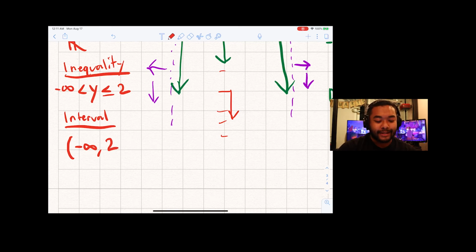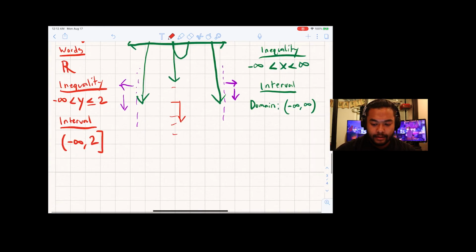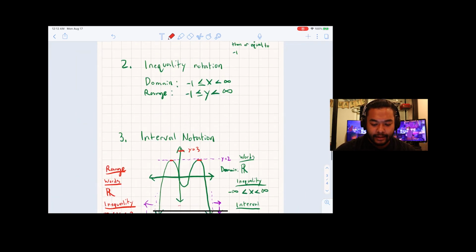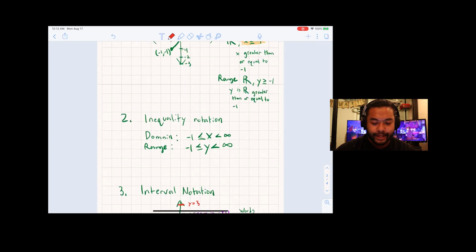It's not parentheses, it is now square brackets. So this bracket is literally telling me that the interval goes to 2 and includes 2. It is equal to 2 as well. And then, yeah, I'd say that's a pretty good cover for interval notation.